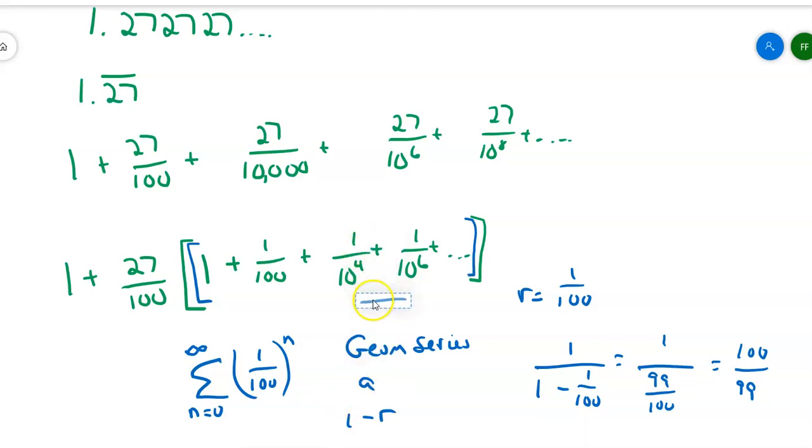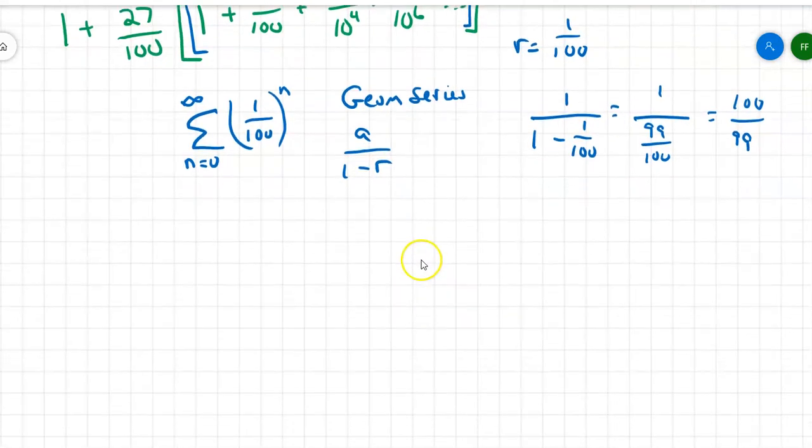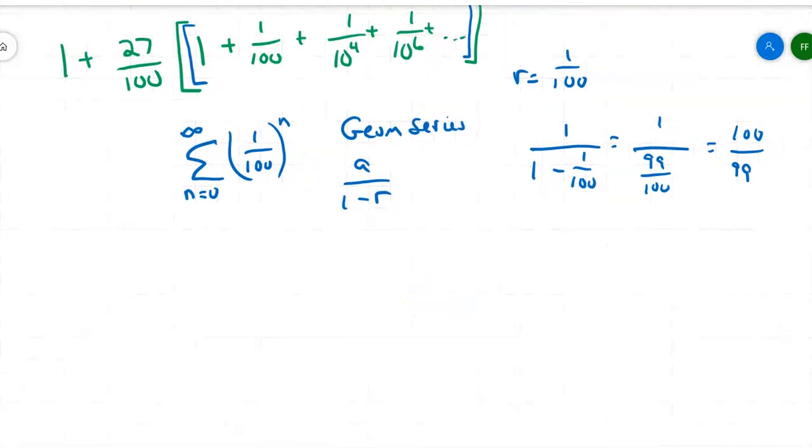Great. Then let's move this forward. How did my division sign get moved? There we go. Let's bring it back where it belongs. So I get 1 plus 27 over 100 times, well, we said that piece that was in blue is really 100 over 99. So now I can play around with this a little bit. I can cancel out those hundreds top and bottom. 27 over 99 simplifies, so I get 1 plus, take a 9 out of it, I get a 3 over 11.